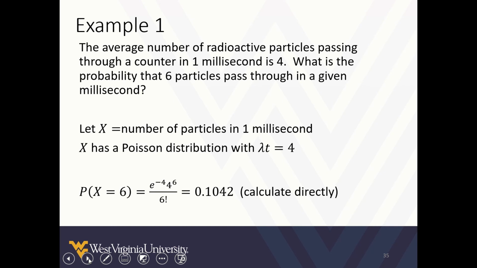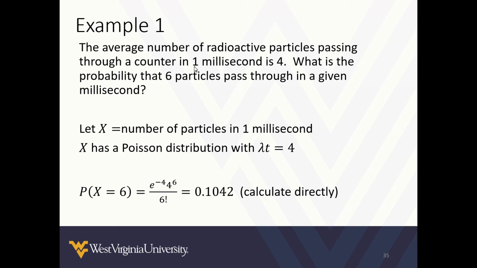So at this point, let's go ahead and take a look at an example. The average number of radioactive particles passing through a counter in 1 millisecond is 4. What is the probability that 6 particles pass through in a given millisecond? So we let x be the number of particles in 1 millisecond, and we notice that x has a Poisson distribution with lambda t equal to 4. And then again, that would be the 4 times 1, because t is our 1 millisecond and 4 is our lambda.